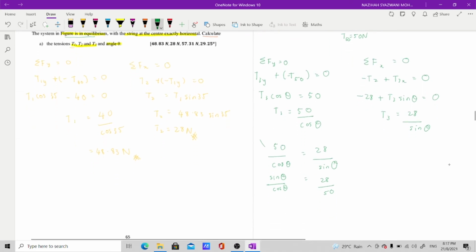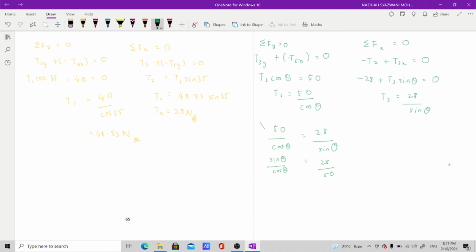Sine theta over cos theta gives us tangent theta. So theta would be inverse tangent of 28 over 50. Press your calculator.